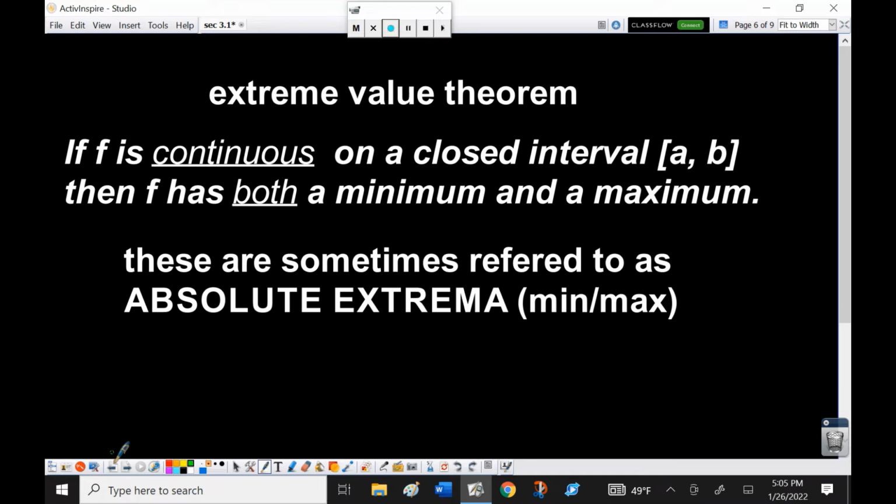You can draw it without lifting your pencil, and it does include the endpoints. If it is continuous on a closed interval, then you're guaranteed to have both a minimum and maximum value. These values are sometimes referred to as absolute extrema, or absolute maximum, absolute minimum values.